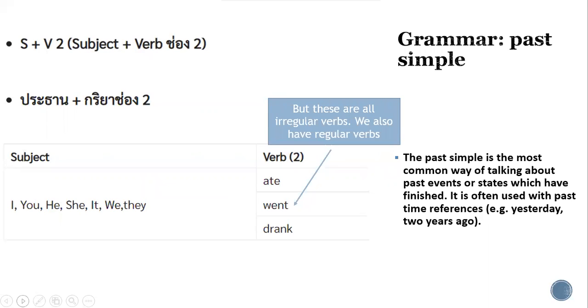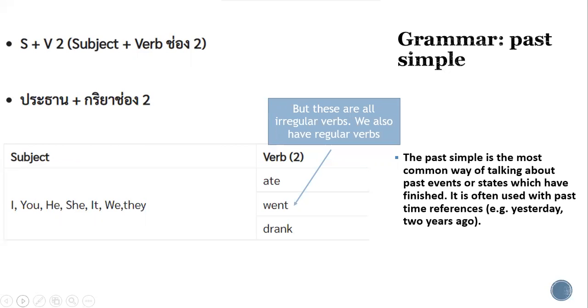Okay, for our grammar, I remember we had to practice using the past simple. So we said that the past simple tense is used to talk about things that are already finished, things that are over and done with. And we said that the grammar rules are subject, I, you, we, he, she, they, and V2. V2, verb 2, has got two parts, regular and irregular verbs.